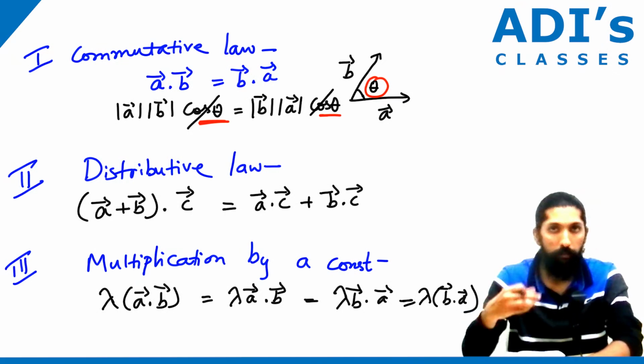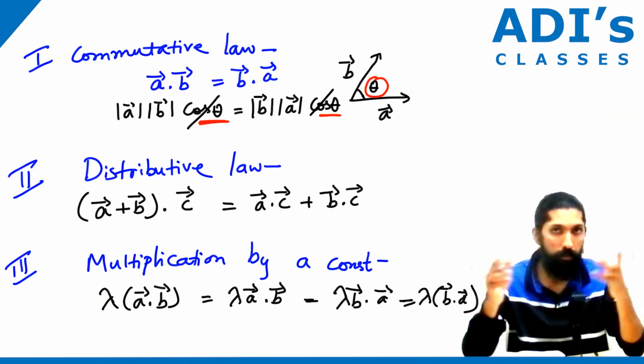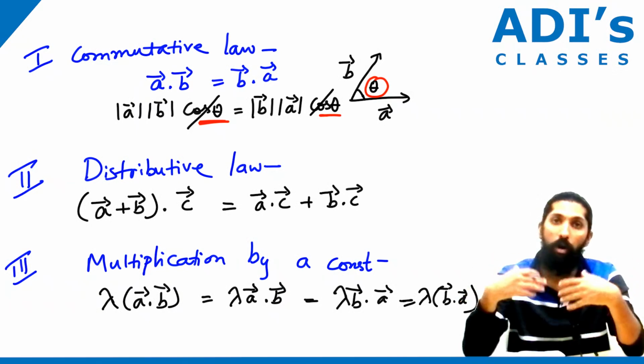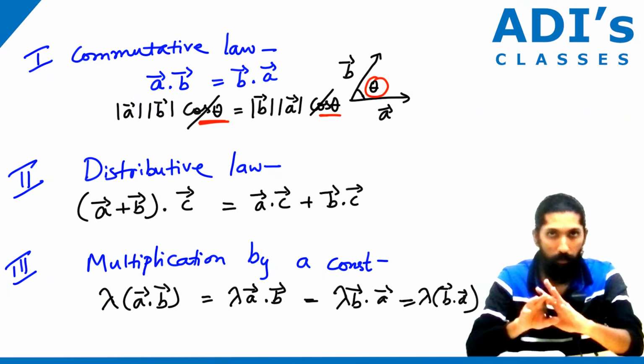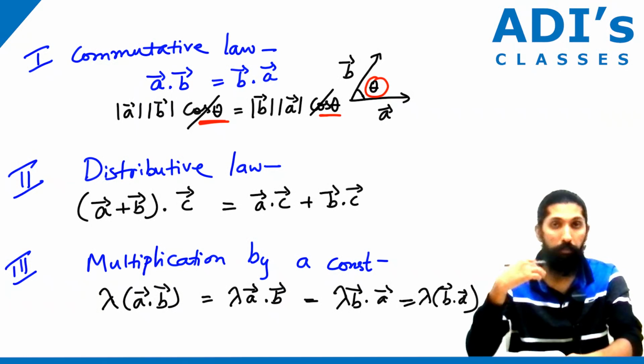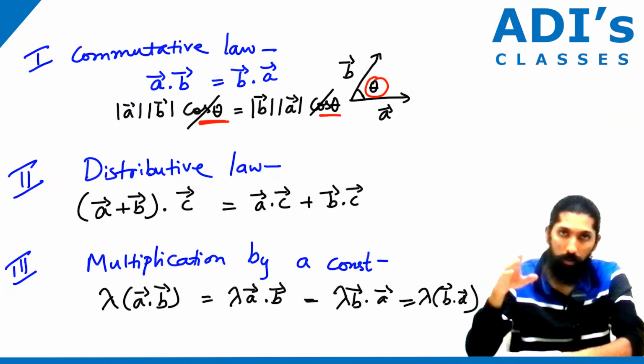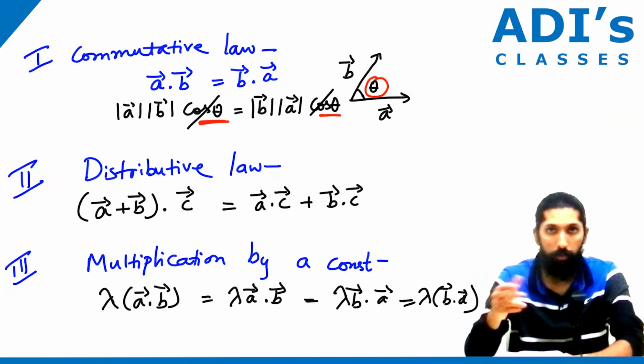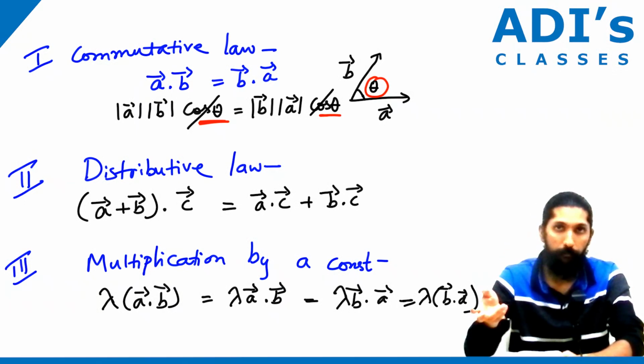Basically, whenever you're multiplying by a constant, you can interchange the constant to whichever vector you want or however you want. Clear? So these are the three properties which the vector product of the two vectors satisfy.